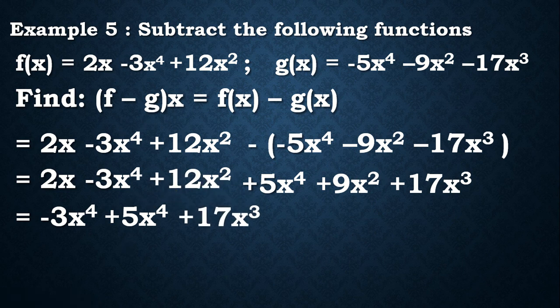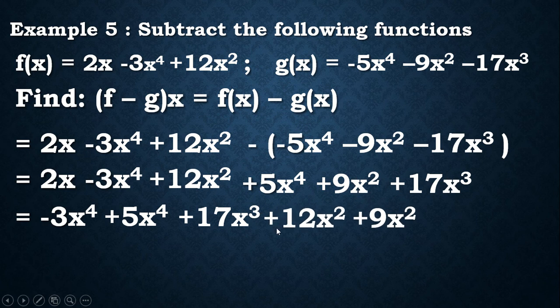Next, positive 17x cubed. There is no other term that is raised to x cubed. Next, plus 12x squared plus 9x squared. They are like terms because they are both raised to an exponent of 2. Followed by plus 2x.